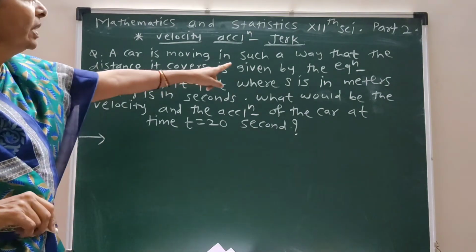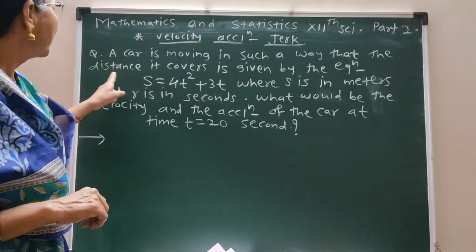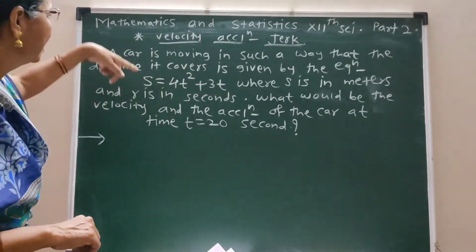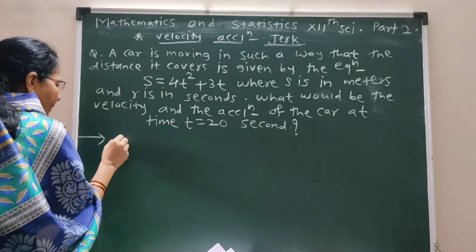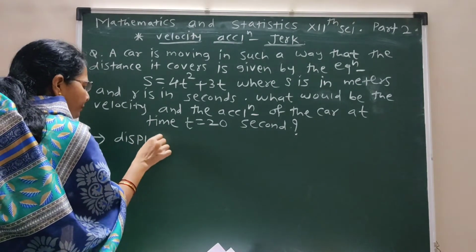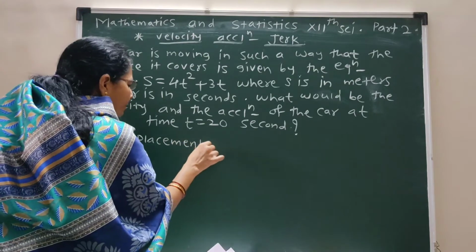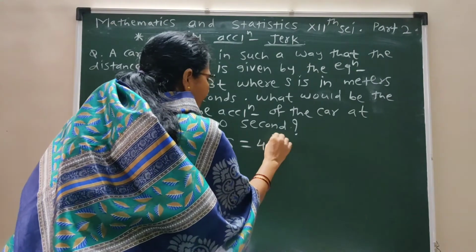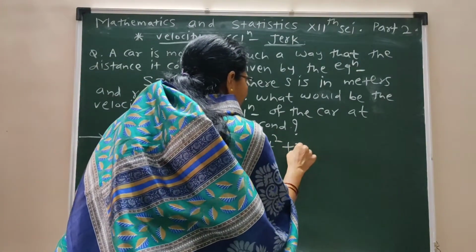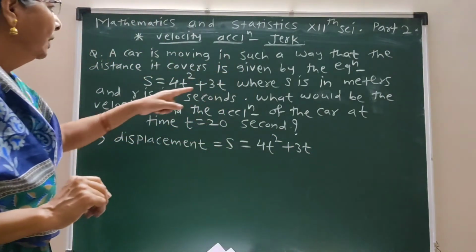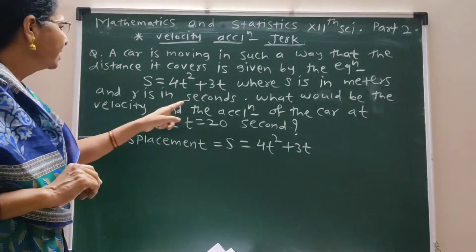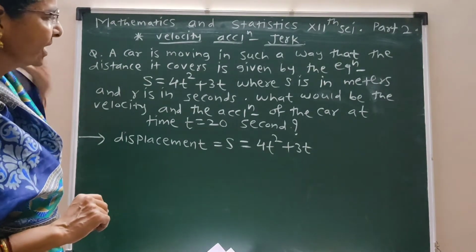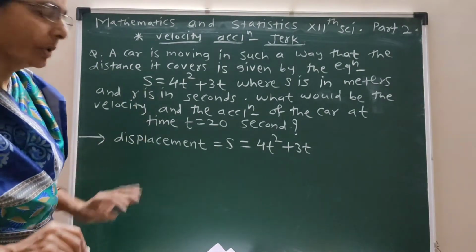A car is moving in such a way that the distance it covers is given by the equation s equal to, that means displacement, s is equal to 4t square plus 3t in meters and t is in seconds. What would be the velocity and the acceleration of the car at t equal to 20?